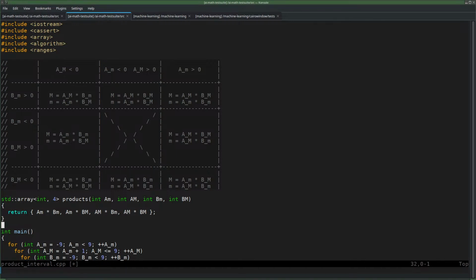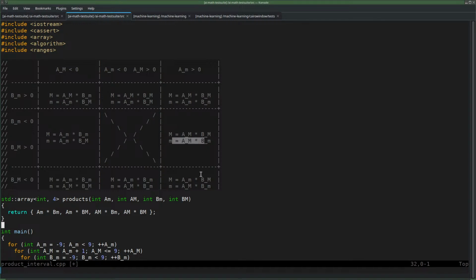And sometimes you can do that because if, for example, the minimum of B is larger than 0 and the minimum of A is larger than 0, and then of course the maximum is also larger than 0, then the minimum is just the multiplication of the minimum of the two, and the maximum is the multiplication of the maximum of the ranges. So you don't have to multiply 4, you just have to multiply 2 of them.